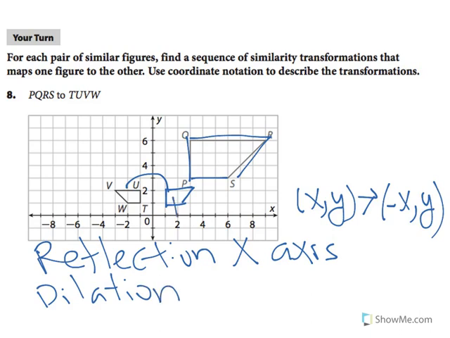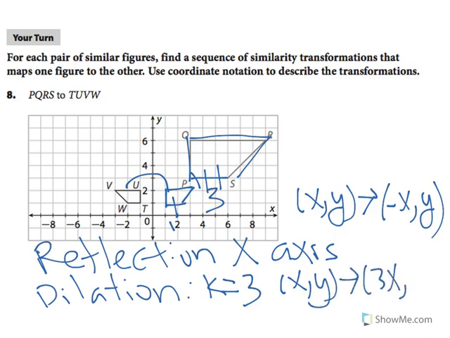So here the distance is 1, we have 1, 2, 3, so from 1 to 3, so then the dilation has a scale factor of 3, so we have a point x, y will go to 3x and 3y.